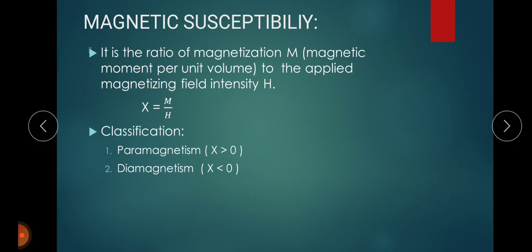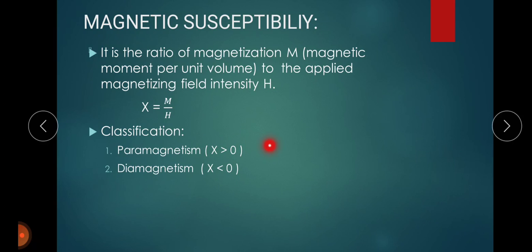The next topic is classification of magnetic susceptibility. Here, magnetic susceptibility is simply classified into two categories. One is paramagnetism, another one is diamagnetism. Most materials respond to an applied magnetic field.